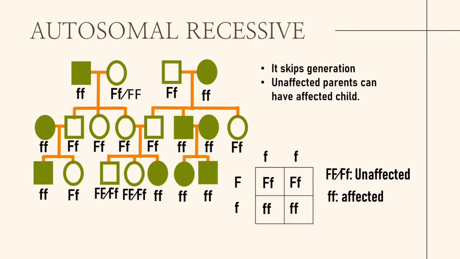Okay? So, in terms of probability, sa first generation, 50% will be the probability of having affected. Second generation, there is 100% probability of having unaffected child. Okay?